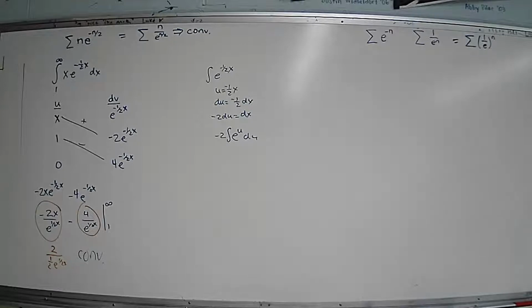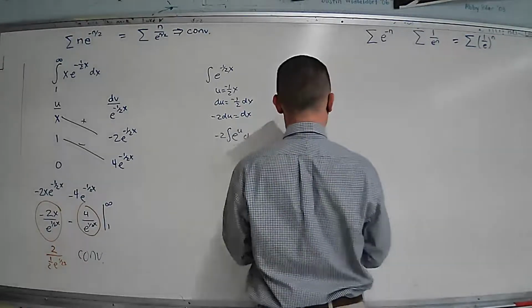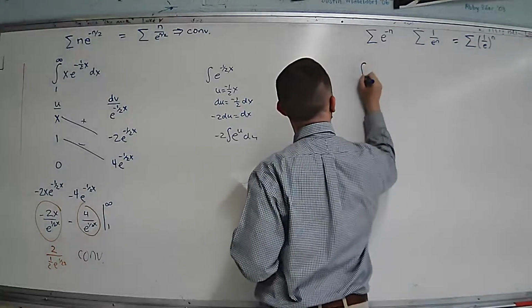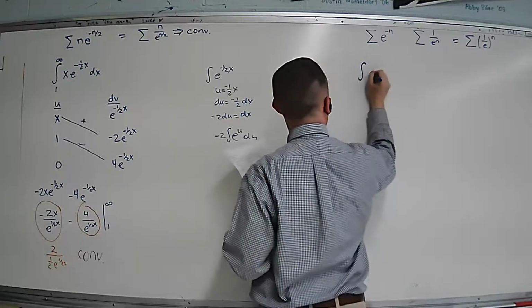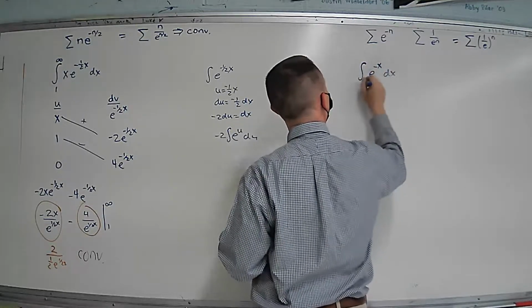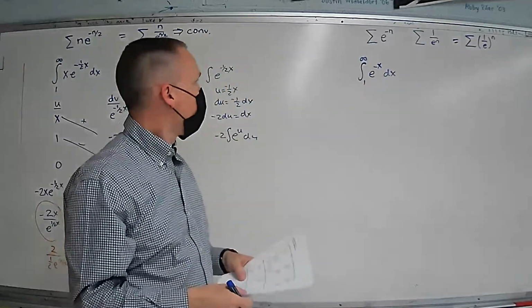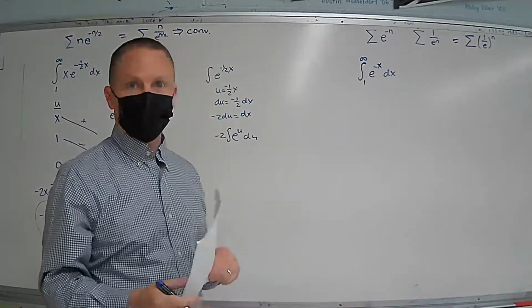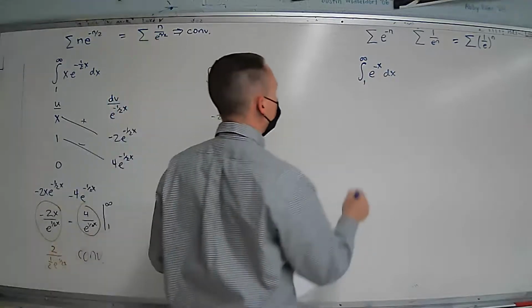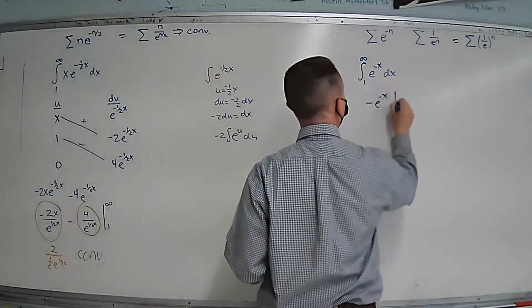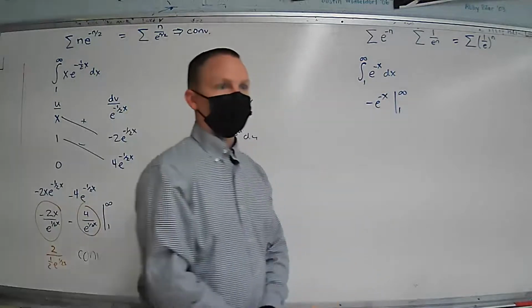But we said use the integral test, so we'll do it. Dag on it. Just because we got to practice anti-differentiating, apparently. So what's the antiderivative of e to the negative x? Negative e to the negative x.